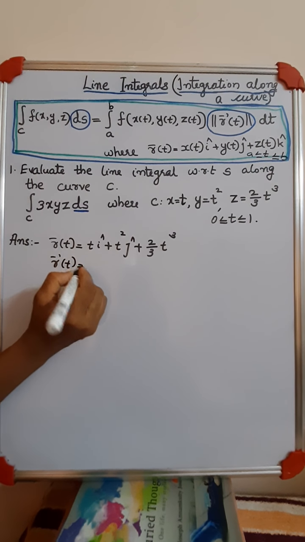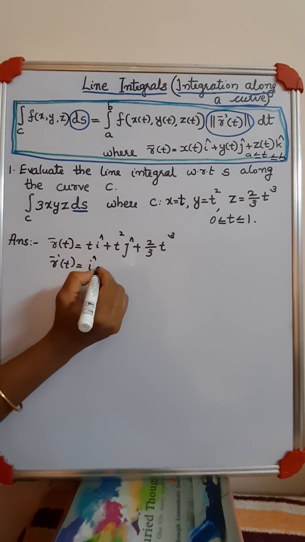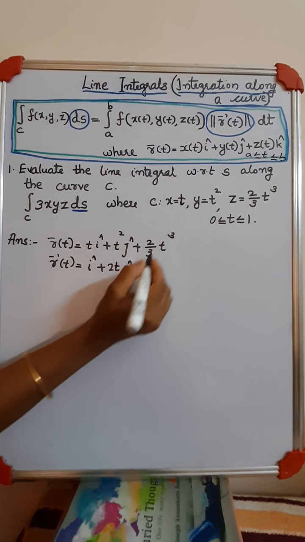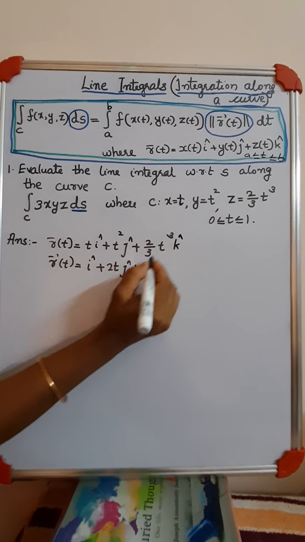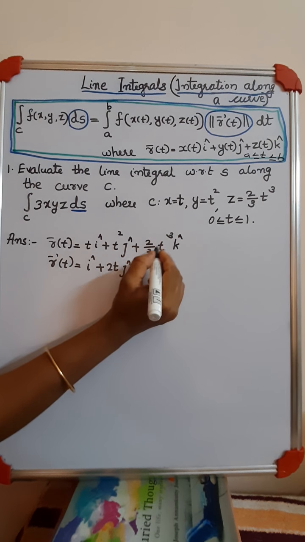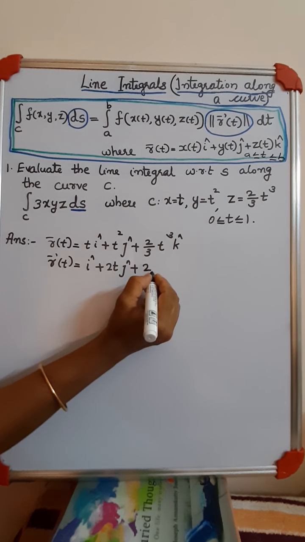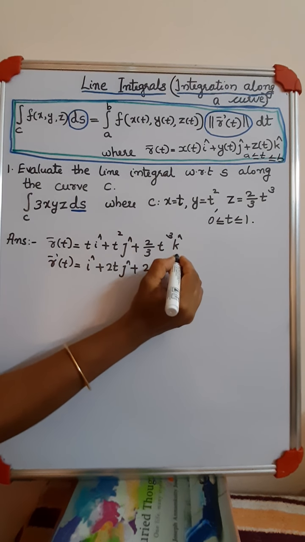What is r dash of t? Derivative of t is 1, i. Then derivative of t square is 2t j. Derivative of 2 by 3 t cube, k is there. Its derivative is 2 by 3 into 3t square, that is 2t square k.